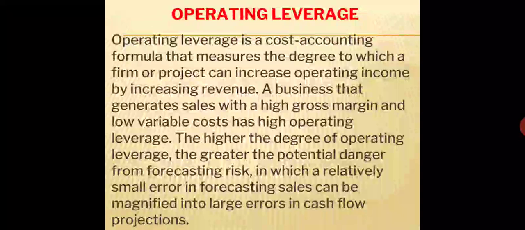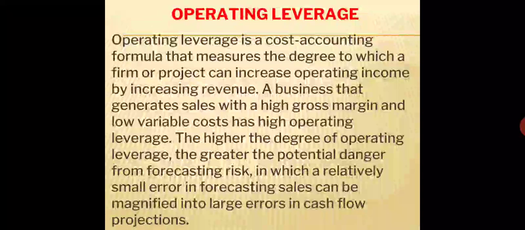That is, what is the total sales of the organization, then after what is the fixed cost and what is the variable cost. So on that basis the company gets its operating profit.